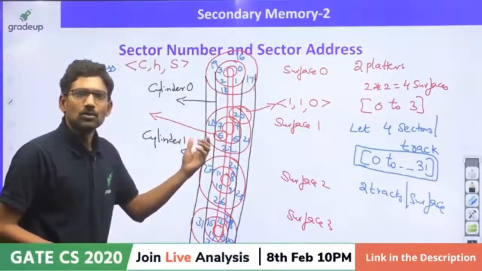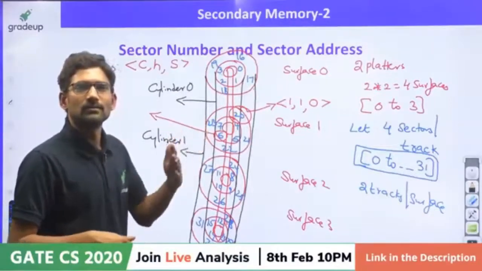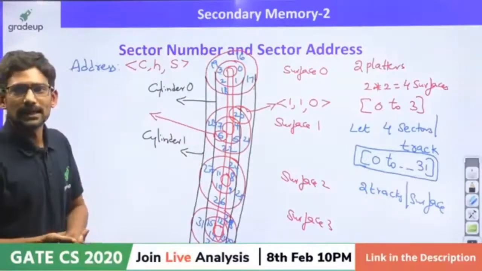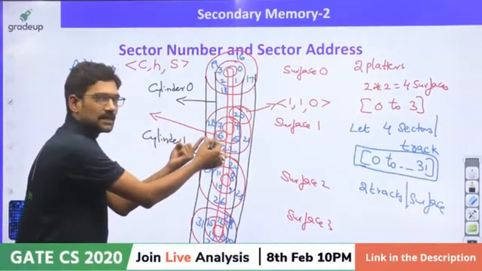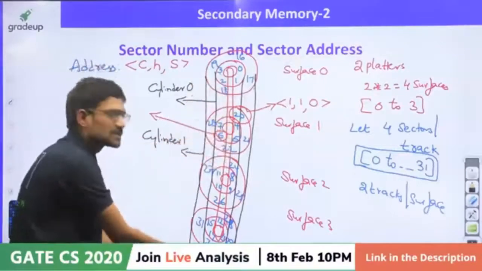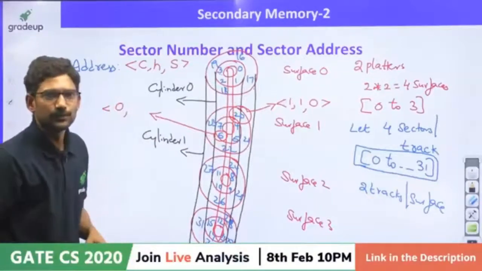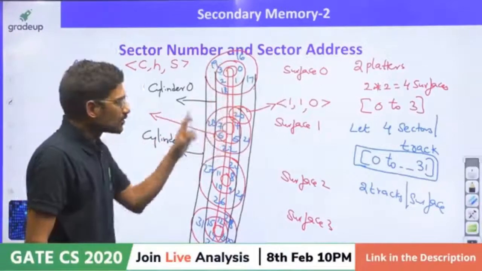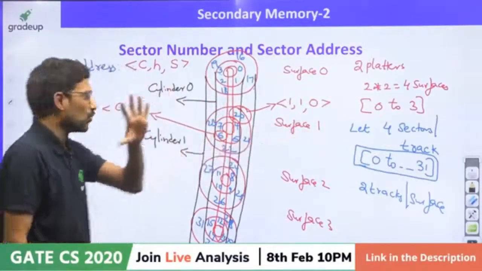Sector 6, let's see. This is on which cylinder? This is the first cylinder, so its C value should be 0. Then it is on which surface? Here you can see, what is its surface number? 1.